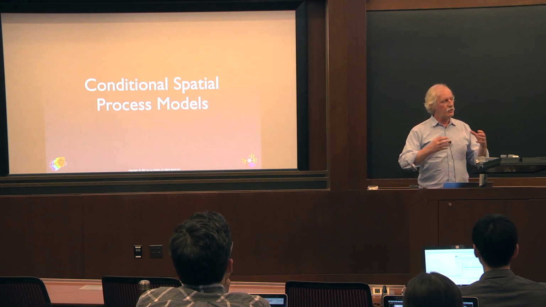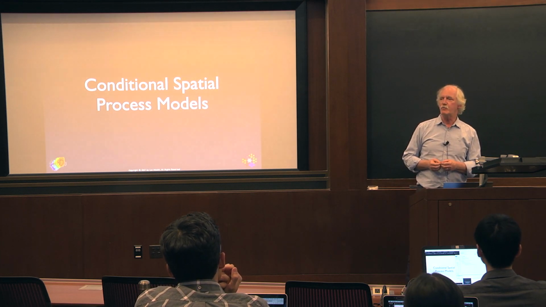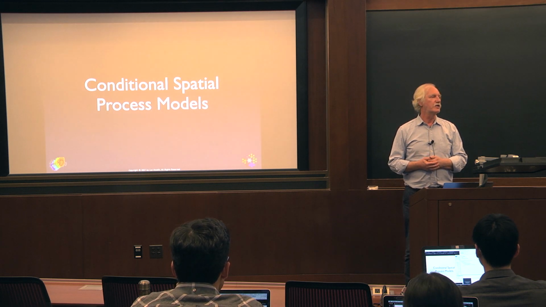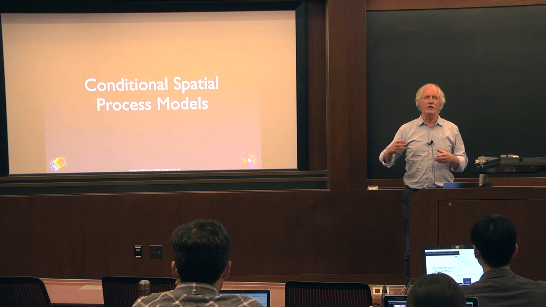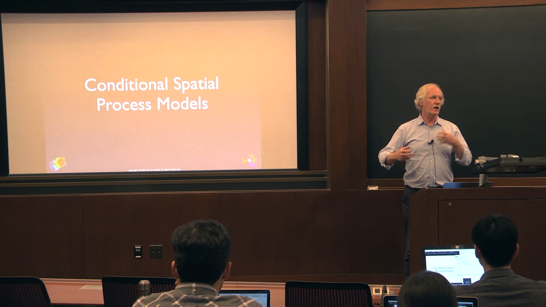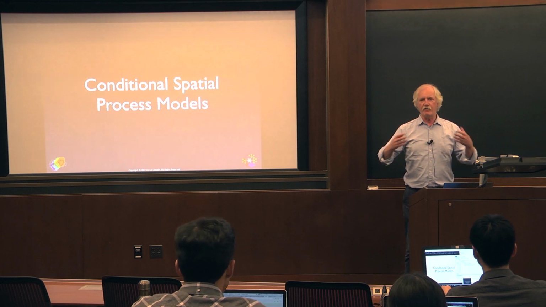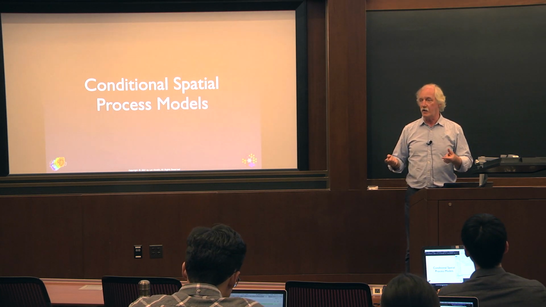And then we get into the more interesting part and the more commonly used part, which is where we actually specify a spatial stochastic process, which is a model that specifies how a random variable at one location is related to random variables at other locations. And out of that functional specification follows a structure for the covariance.